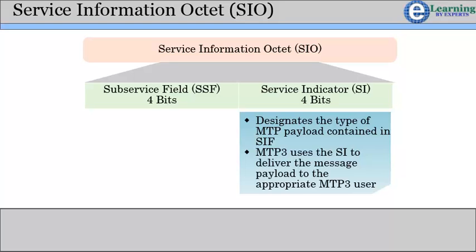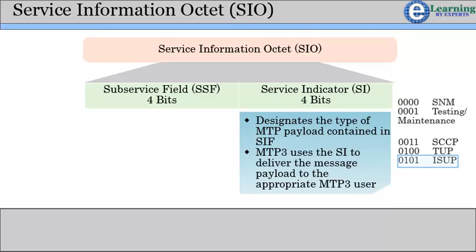MTP3 uses the SI to deliver the message payload to the appropriate MTP3 user, using the message distribution function. The message is delivered to MTP3 for SI values of 0 to 2, and to the appropriate user part for SI values of 3 and higher. For example, all ISUP messages used in setting up phone calls would use a service indicator of 5.